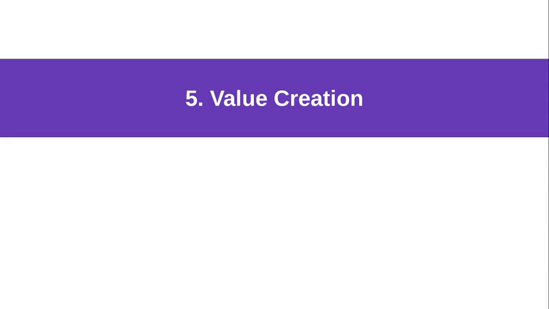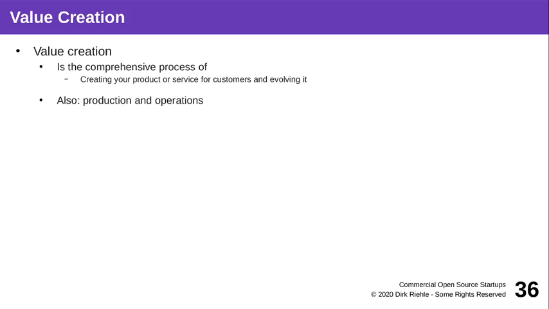Now we need to look at how we create that value in the first place, meaning how do we design, develop, build a product or a service, how do we operate it, and so forth. So value creation is the comprehensive process of creating and operating your product and service. And of course, that's never standing still.